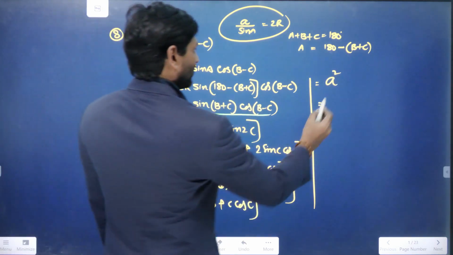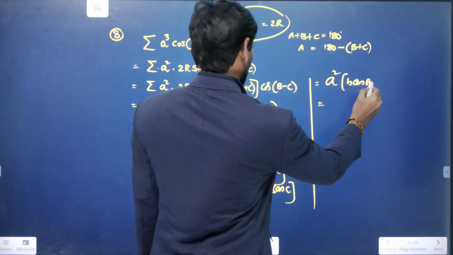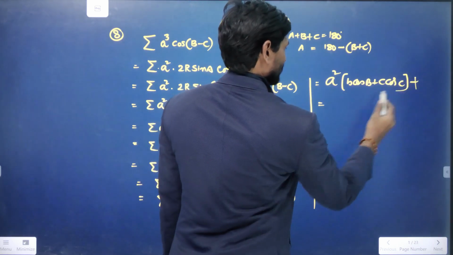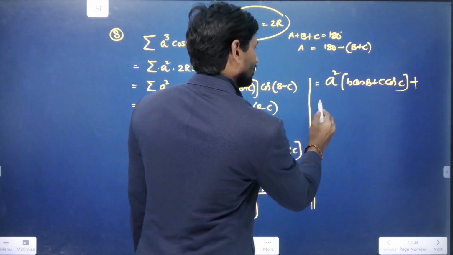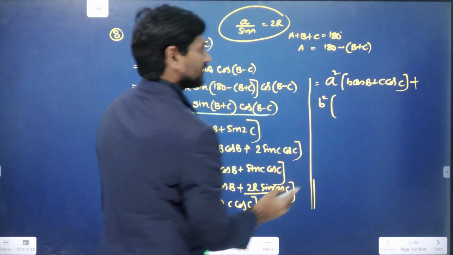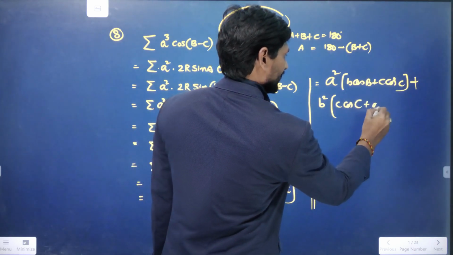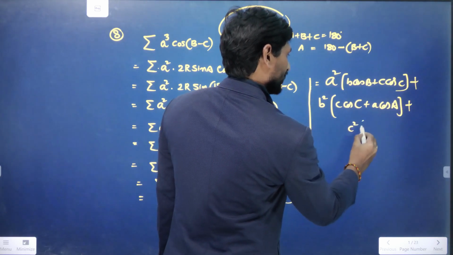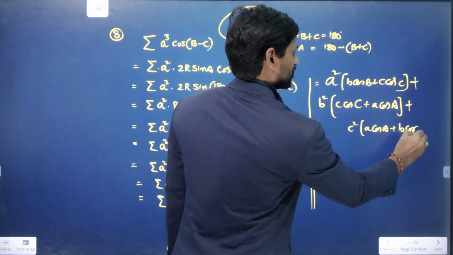So a square b cos b plus c cos c, plus b square c cos c plus a cos a, plus c square a cos a plus b cos b.